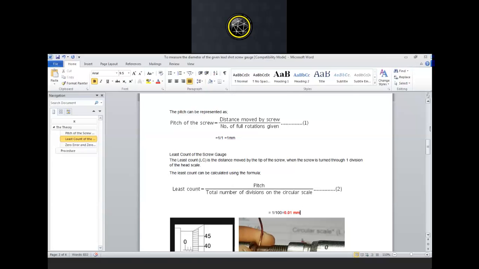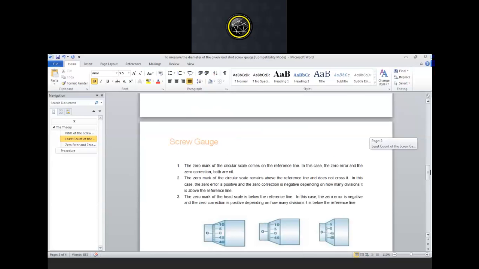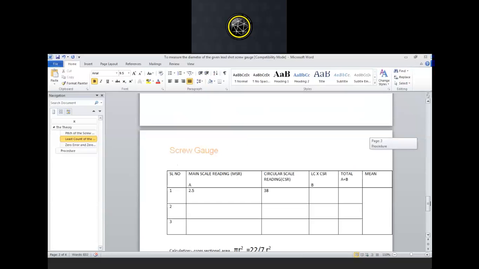We have to multiply this one with CSR. LC into CSR, it is written over here. Now tell me, LC into CSR. CSR means this one, multiplied by 0.01. Tell me the answer. Yes, 0.38.